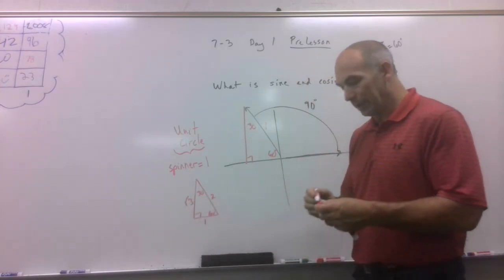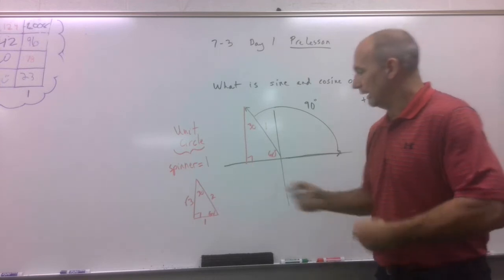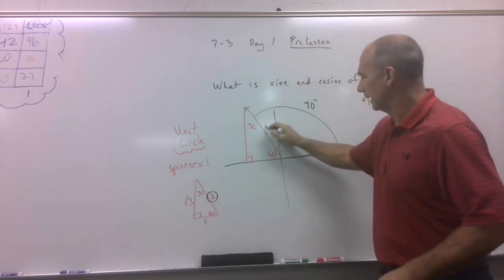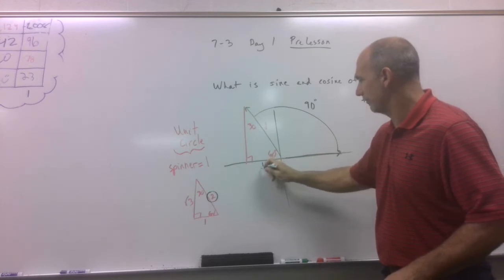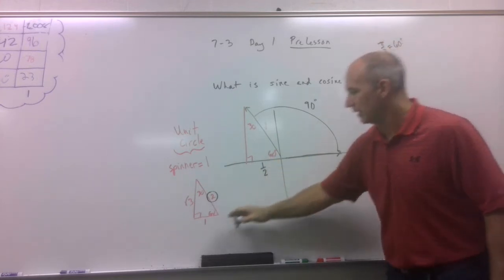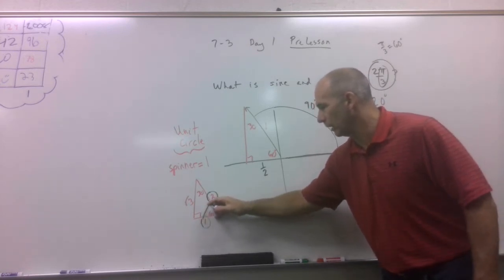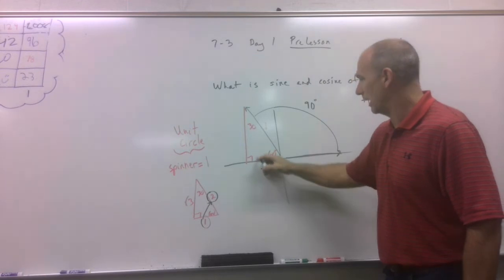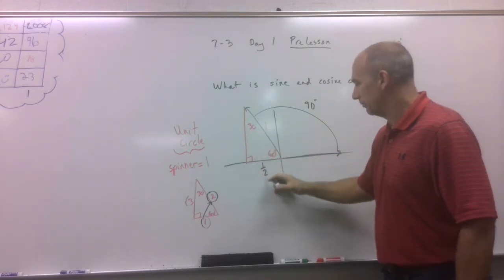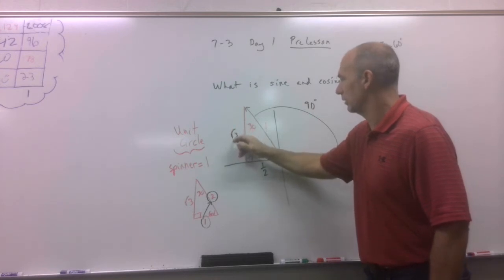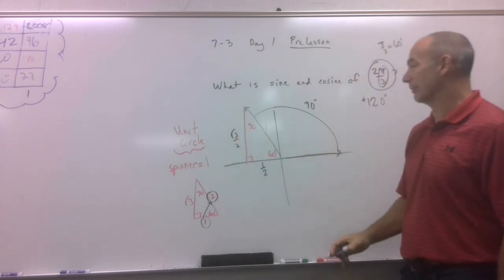Now what they're doing essentially is they're cutting this in half, so this is a 1, and so that means I got to cut this in half, so it's a half. Now notice, the rule's still the same. If I multiply this by 2, I get 2. If I multiply this by 2, I get 1. But then I got to multiply this by the square root of 3, so that would be the square root of 3 over 2.